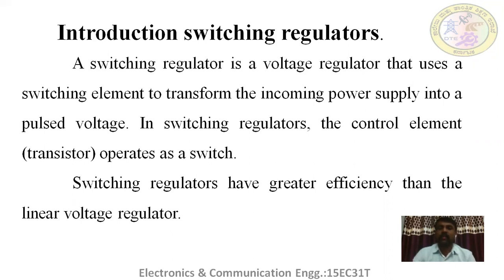Also, the output voltage of a linear voltage regulator changes or fluctuates due to changes in the behavior of the source or load. The summary is, in a linear voltage regulator, the transistor always operates in the linear region and continuously connects the input power to the load.